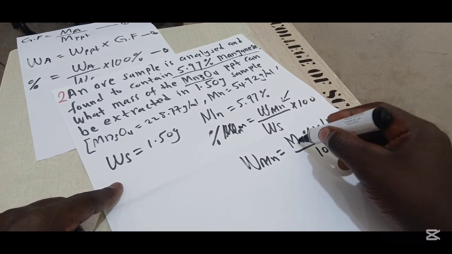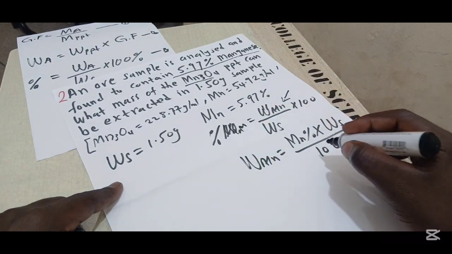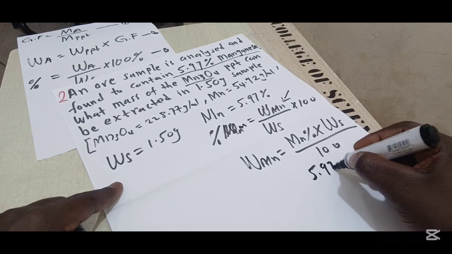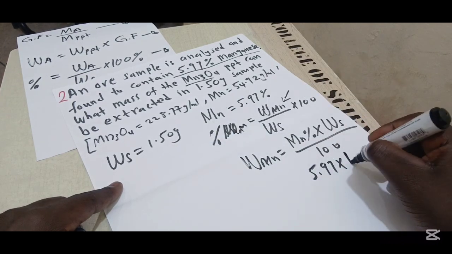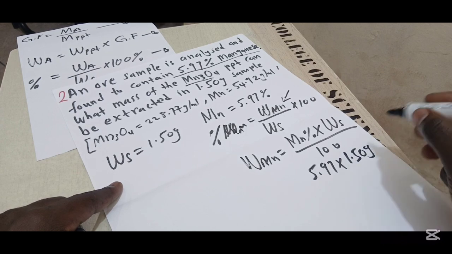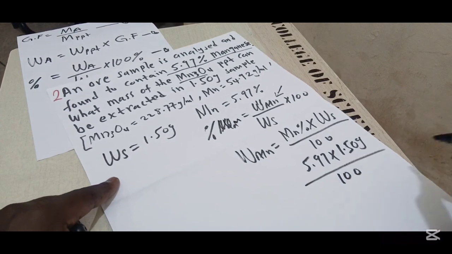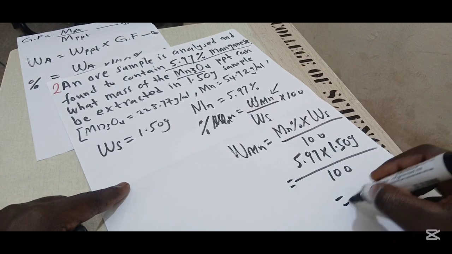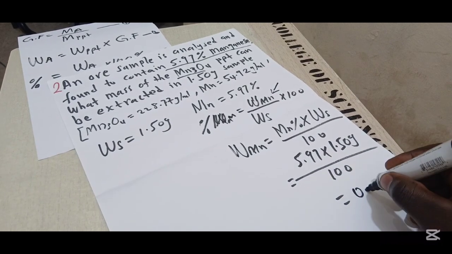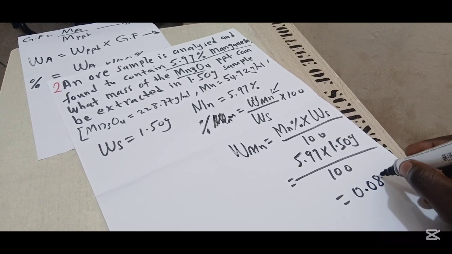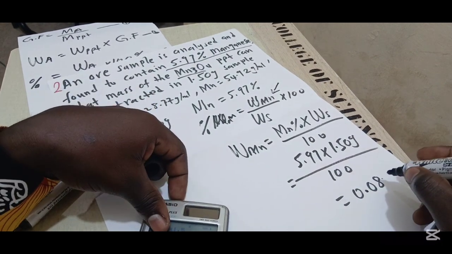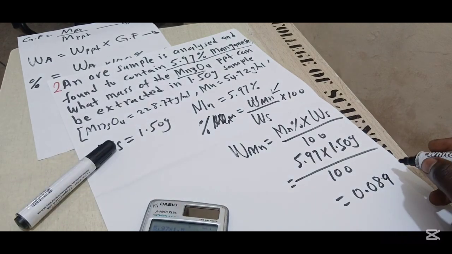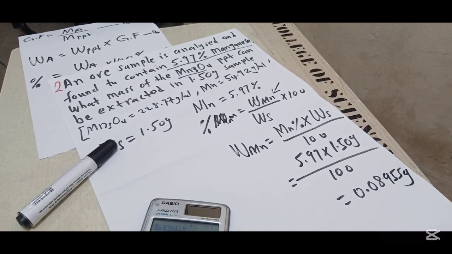We are going to get the weight of Mn to be 5.97 multiplied by the weight of sample, which is 1.50 grams, all over 100. So this is going to give us 0.08955 grams. So that's the weight of Mn.